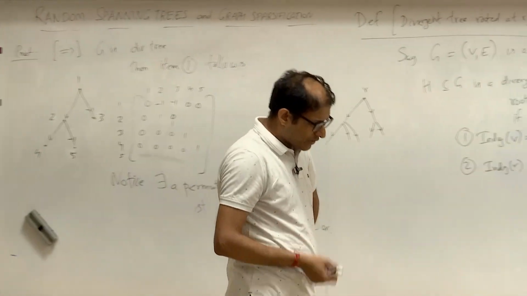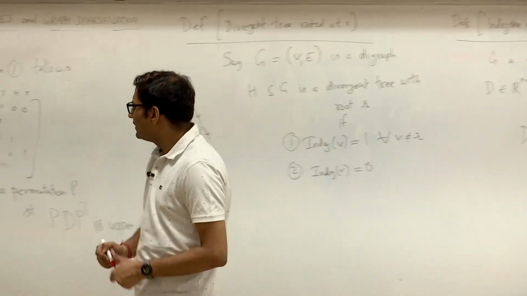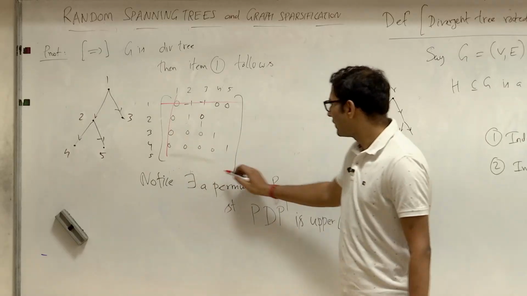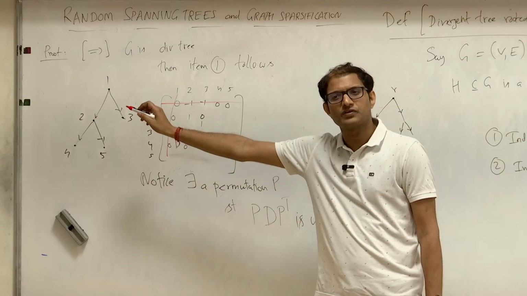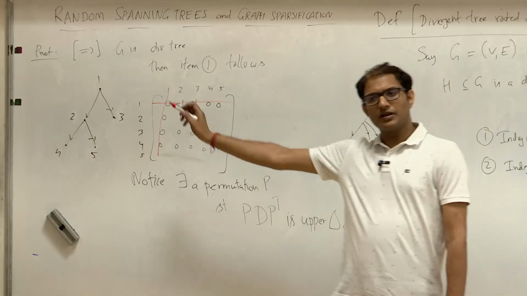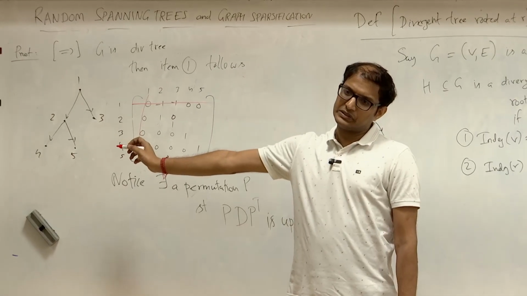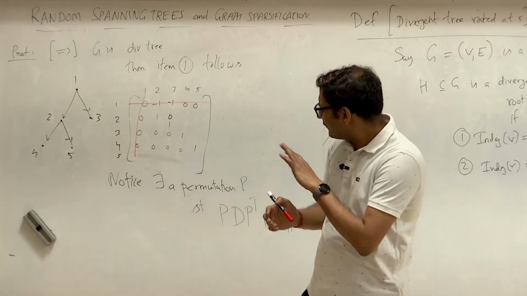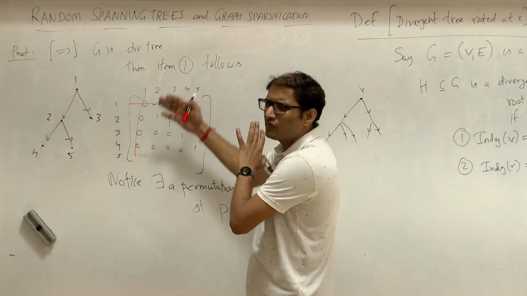Here is what I would like you to notice: suppose in this picture I drop the first row and the first column. I have a triangular matrix with ones running down the diagonal. The determinant of this is in fact 1. Now you might ask that I arrived at this matrix by a bunch of permutations.